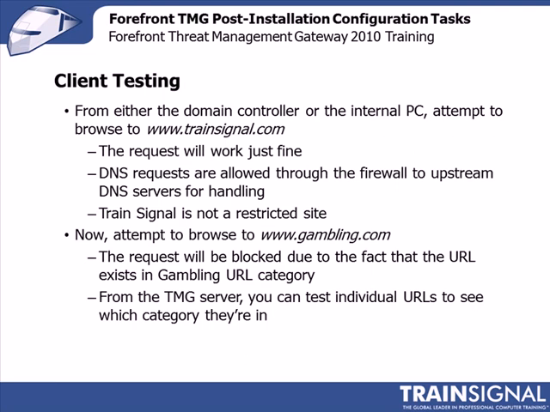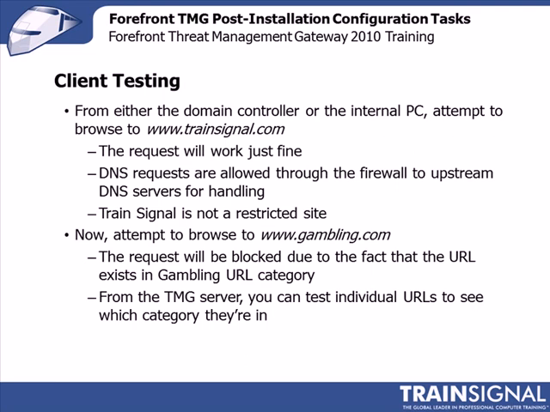And TrainSignal is not on the restricted sites list. Next, we're going to attempt to browse to www.gambling.com. This is one that will be blocked because it's a URL that exists in the gambling URL category. And actually, from the Threat Management Gateway server, you can test individual URLs to see what category they're in. So we're going to go over to the Windows 7 desktop and run these tests.